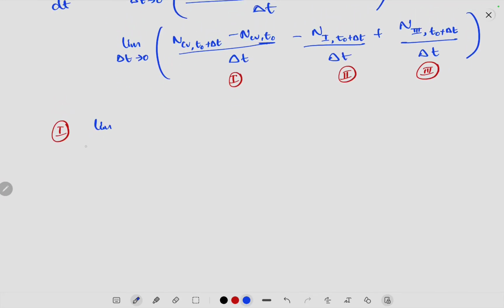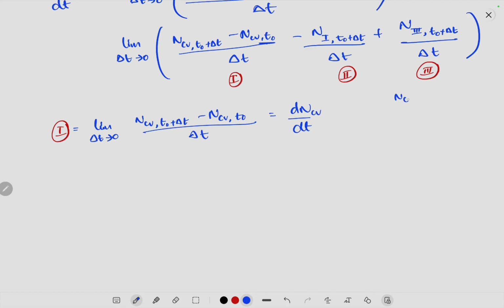So term 1 is the limit as delta t approaches 0 of N_CV at t naught plus delta t minus N_CV at t naught, divided by delta t, and this is nothing but dN_CV by dt.